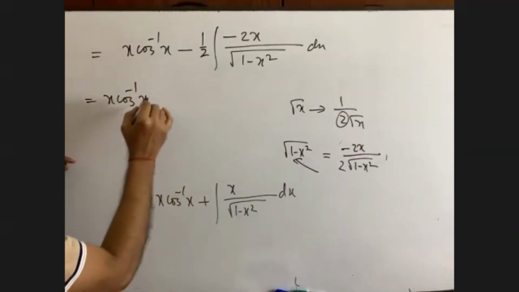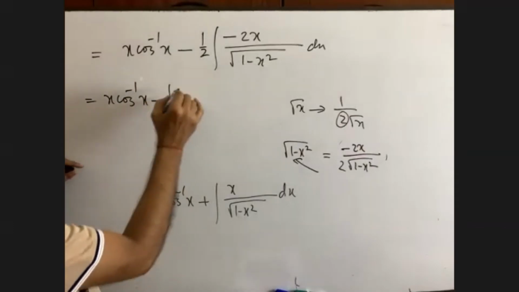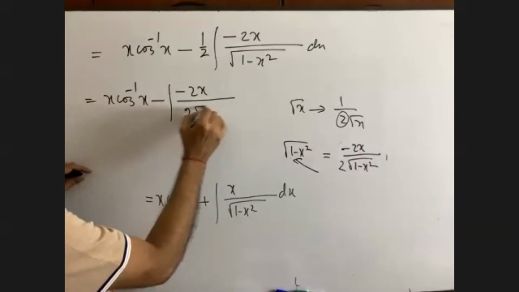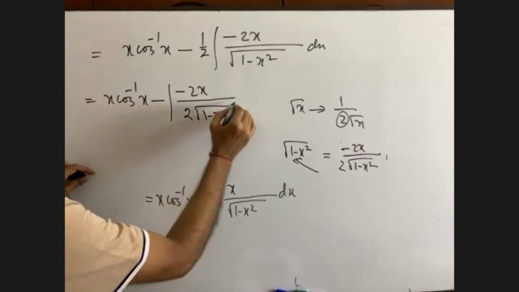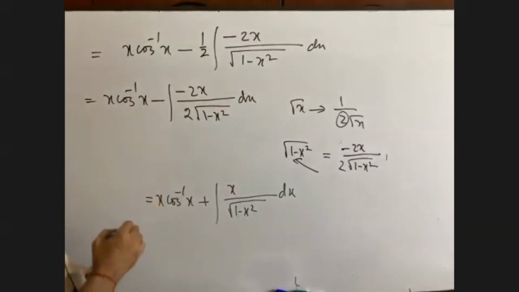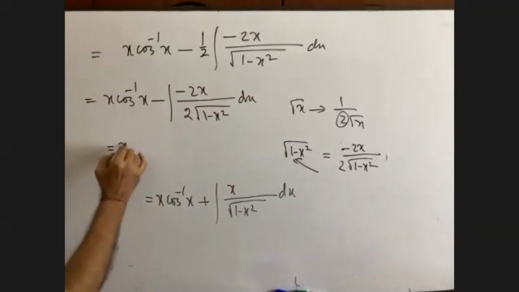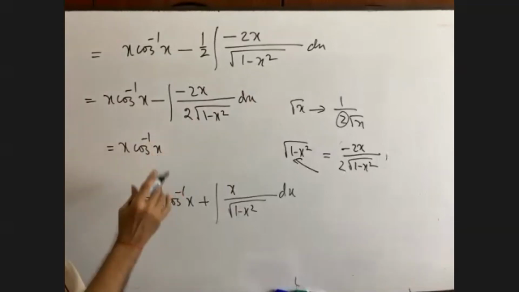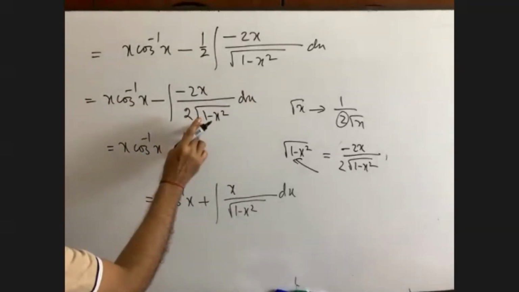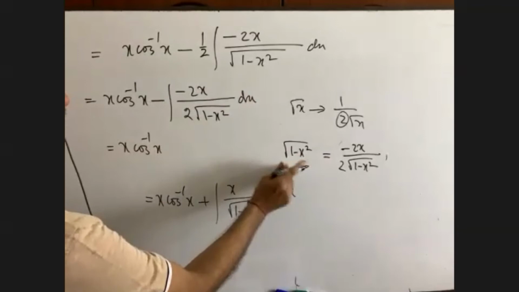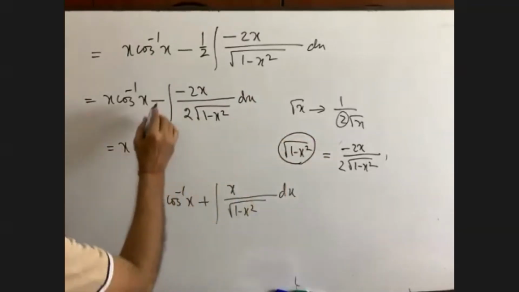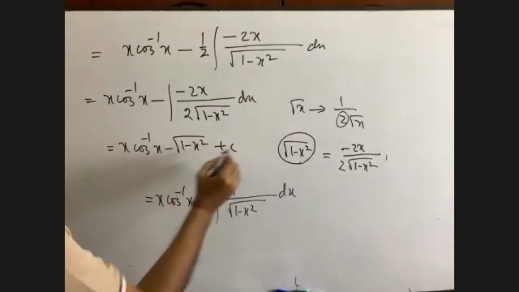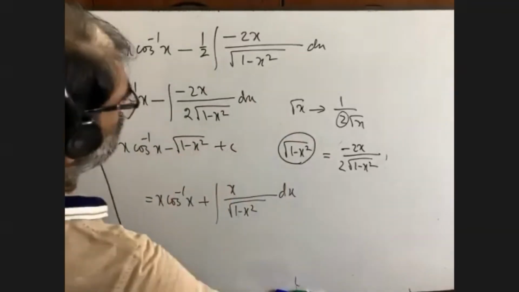Cos inverse x minus integration minus 2x by 2 root over 1 minus x square, because this is the math of formula. Now you just let me know whose differentiation is this. That is root over 1 minus x square. So it is only root over 1 minus x square, and math is done.